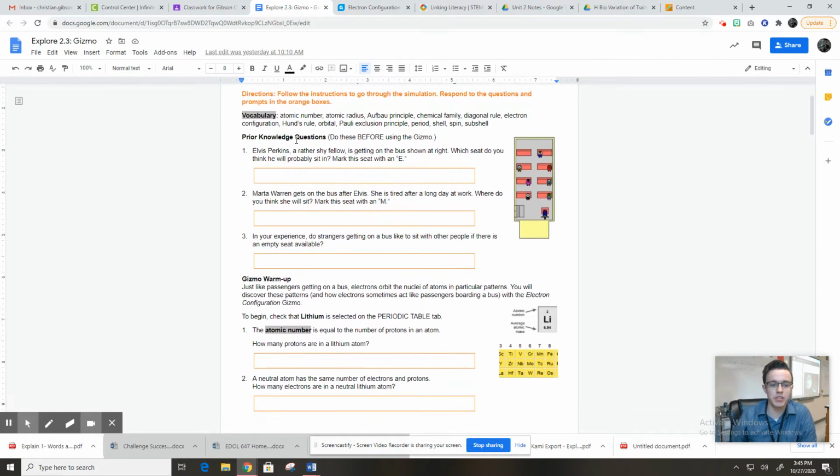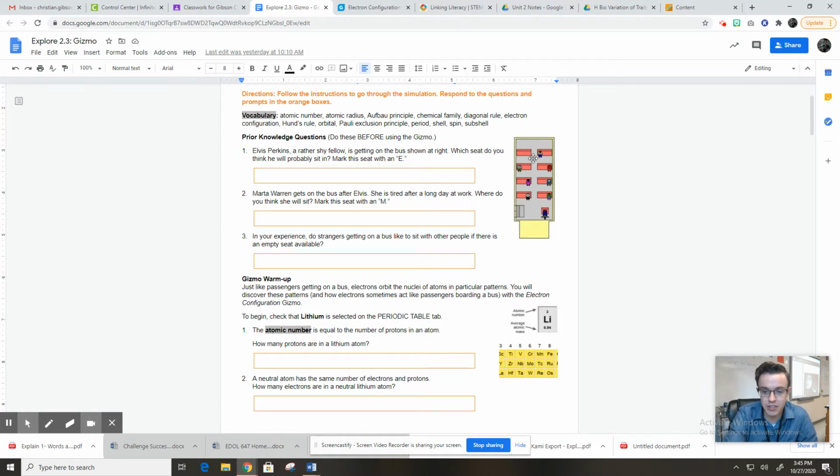It says Elvis Perkins, a rather shy fellow, is getting on the bus shown at the right. What seat do you think he'll probably sit in? If you see here, you've got the bus driver and you've got 1 person in each seat except for this one, and it's empty. This guy, he's shy, but I would be willing to bet most people are like this. He's going to sit in that empty seat before he goes and sits next to somebody else, especially during COVID.